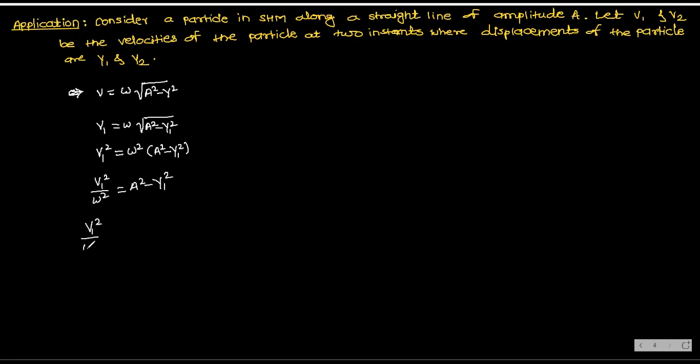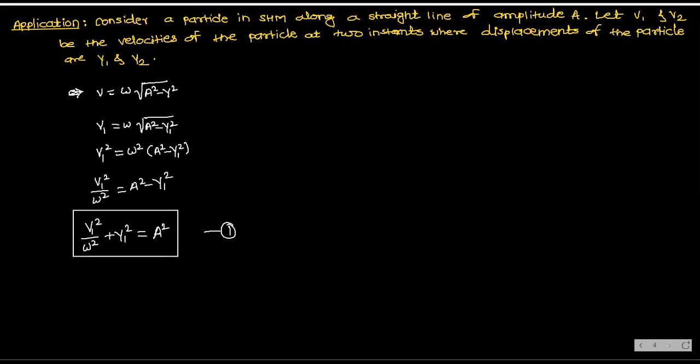So v1 square by omega square plus y1 square is equal to a square. Call this equation number 1. Understood? So this formula we got for the amplitude or square of amplitude. Clear? v1 square by omega square plus y1 square is equal to a square.